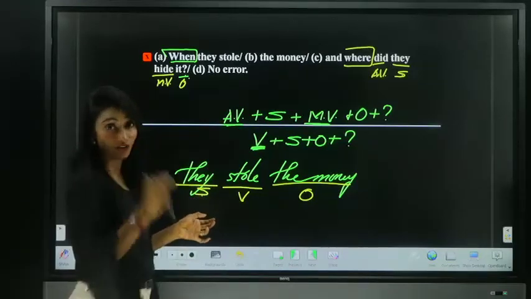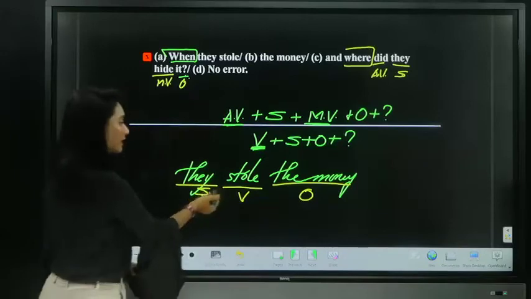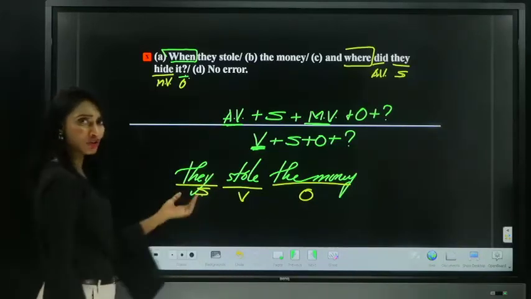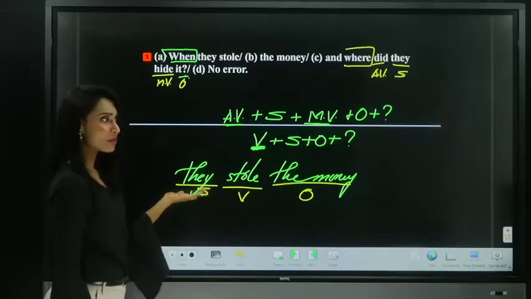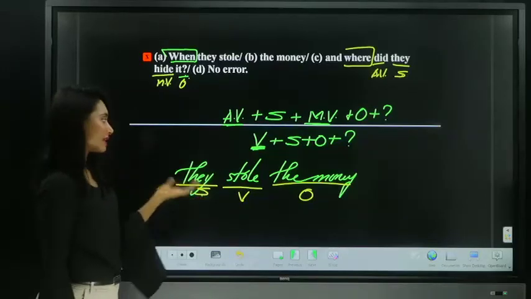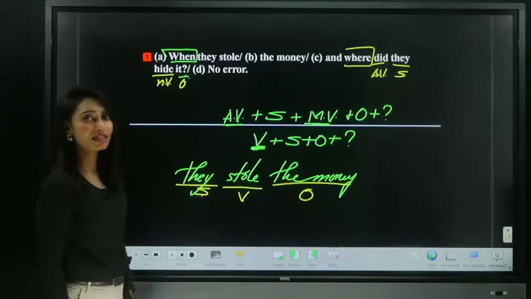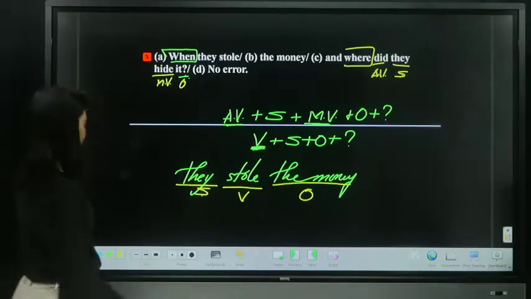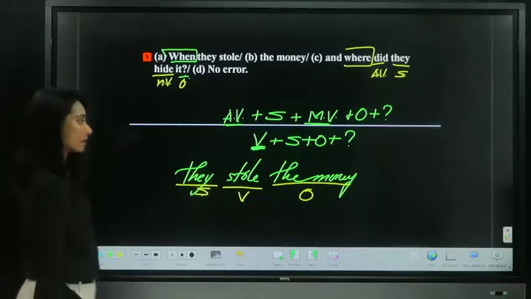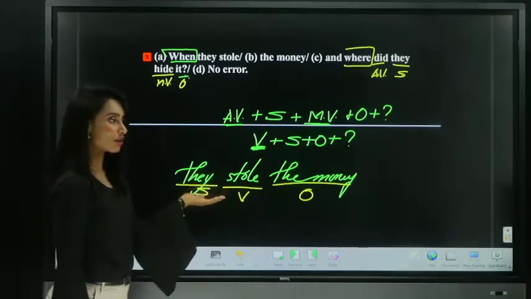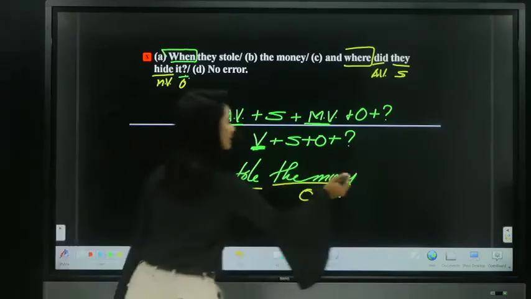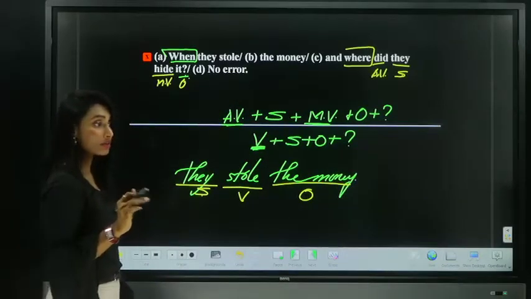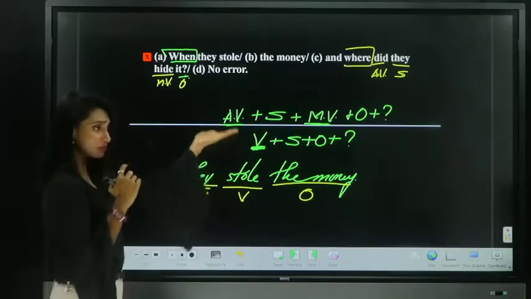We require a question form. That means convert this sentence into interrogative. They stole the money. What is the interrogative form? Quick guys. It is in assertive. I'm not asking for negative, just write it in interrogative. How will you write it in interrogative? Use the formula.